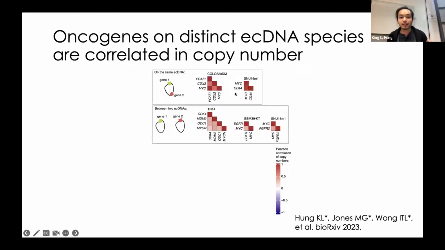But when we looked at genes that are on different molecules, we saw lower but still very significant correlation between the copy numbers of these genes. So in individual cancer cells, these genes that are on different ecDNAs have a correlation coefficient somewhere between 0.3 and 0.6.